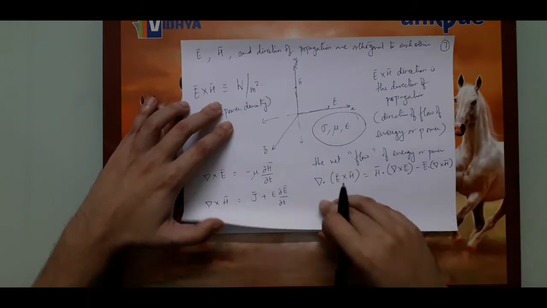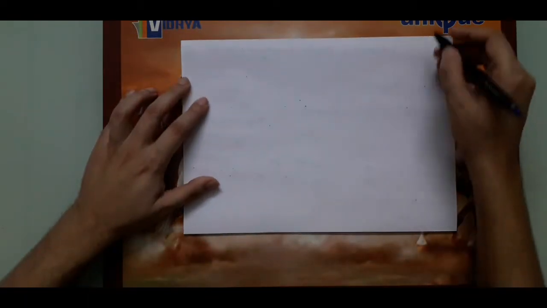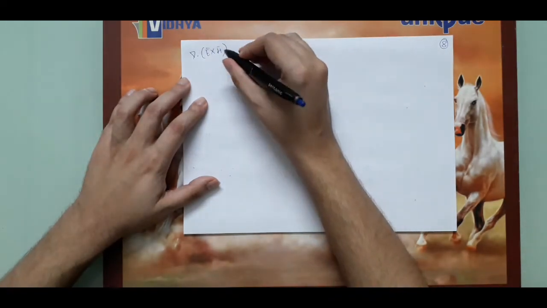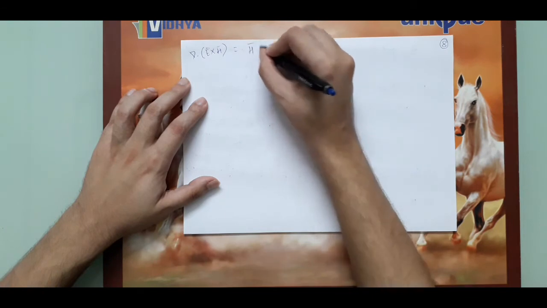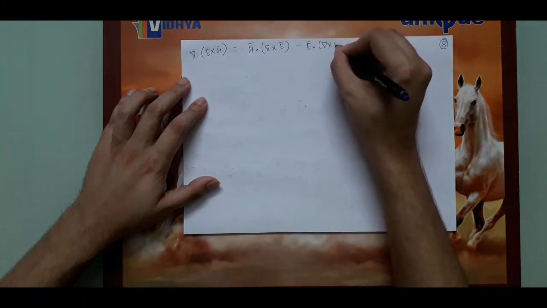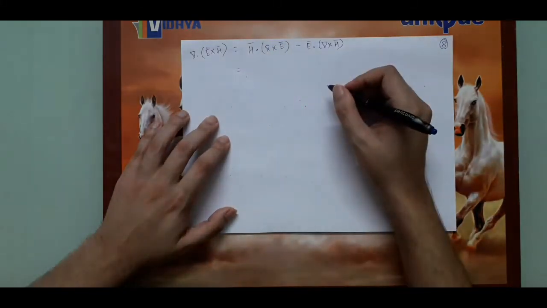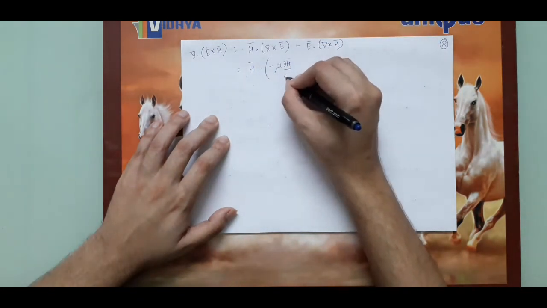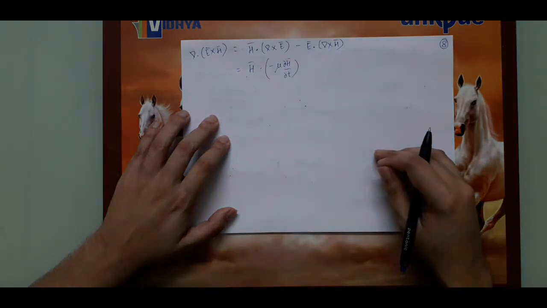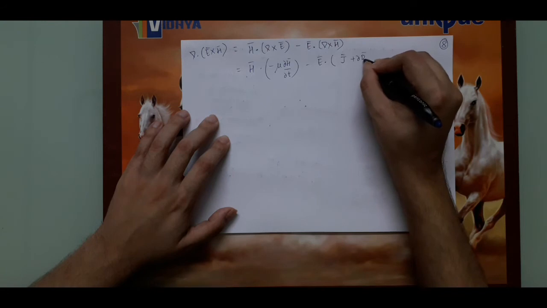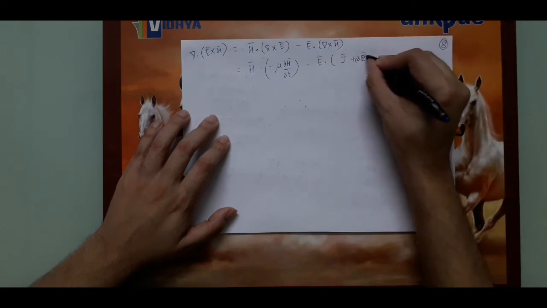So what we will get, let me write it on a new page. So this is equal to H minus mu del H by del T, and this is J plus del D, or I'm sorry, epsilon del E by del T. I can write it this way.